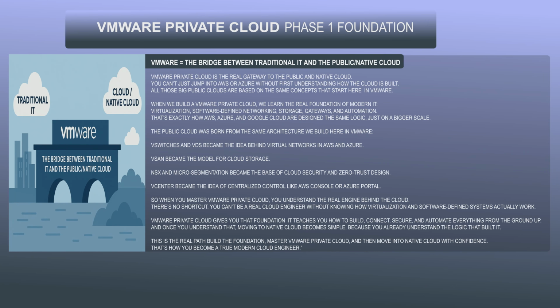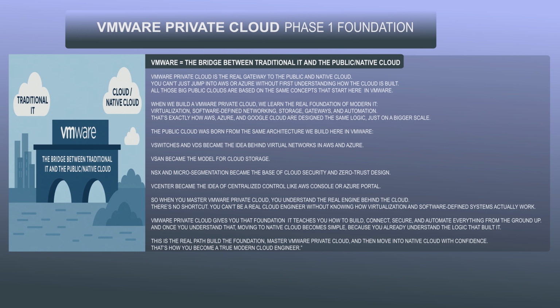VMware, the bridge between traditional IT and the public native cloud. VMware Private Cloud is the real gateway to the public and native cloud. You can't just jump into AWS or Azure without first understanding how the cloud is built.